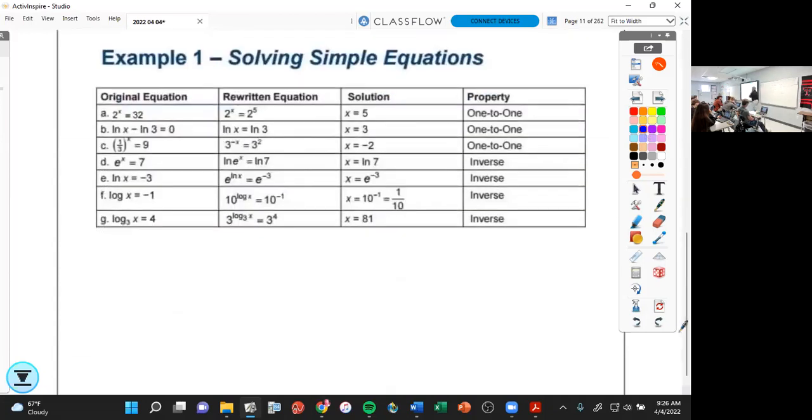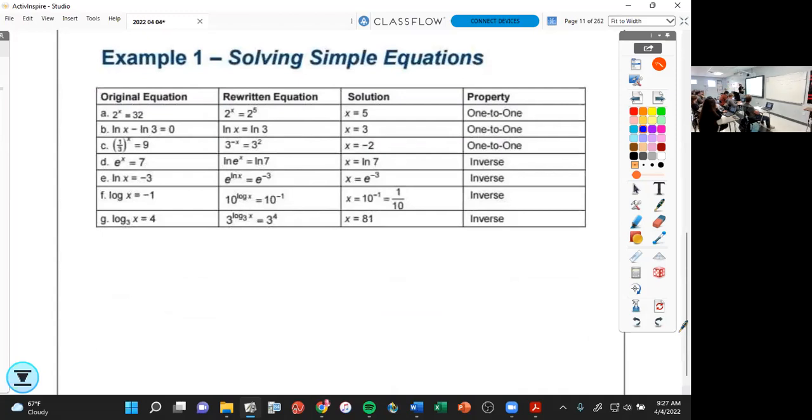Some examples. If 2 to the x power equals 32, 32 happens to be a power of 2. I can rewrite 32 as 2 to the 5th power. Well, if 2 to the x power is equal to 2 to the 5th, which means x equals 5, right?